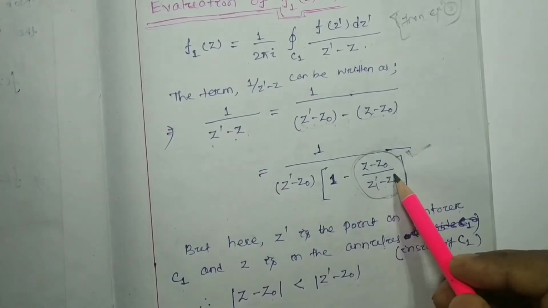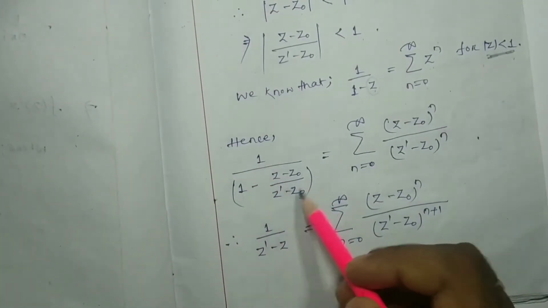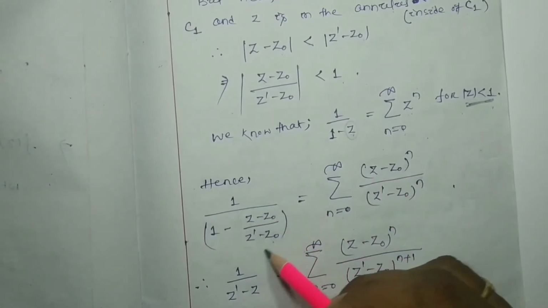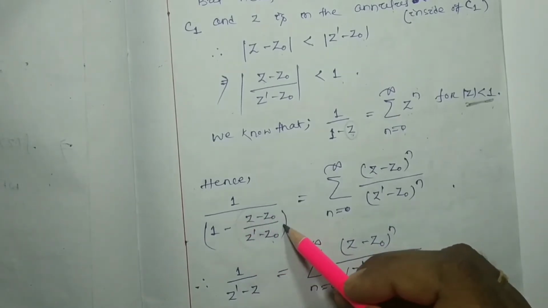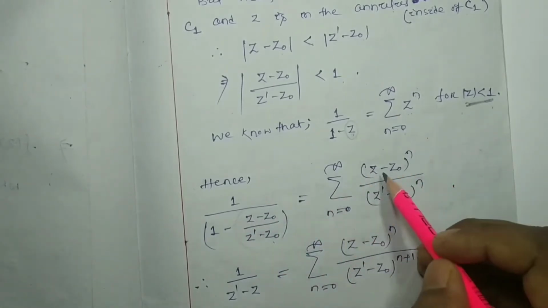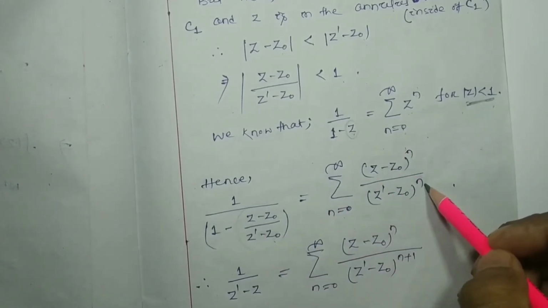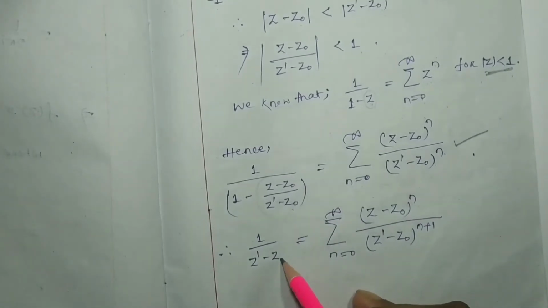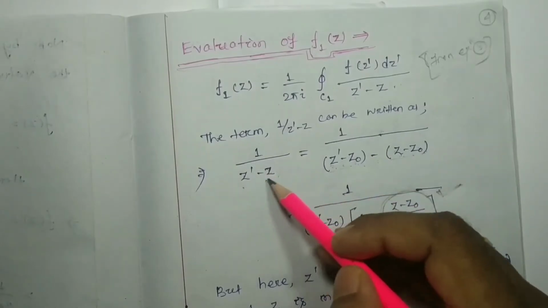So 1 by 1 minus (z minus z0) by (z dash minus z0) can be written as the summation n equal to 0 to infinity, considering this whole as z, so the expansion is this much to the power n. That means (z minus z0) to the power n by (z dash minus z0) to the power n. So 1 by z dash minus z will be how much?